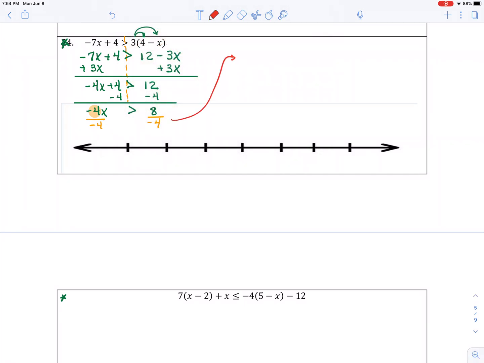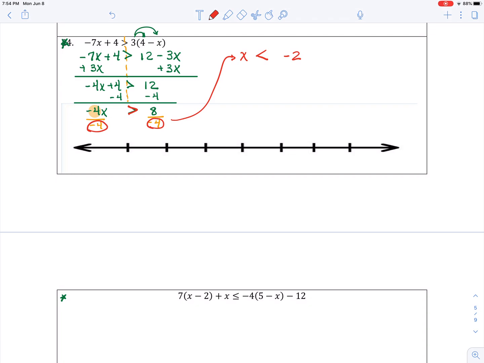So this gives me the positive x that I was looking for. On the left side, it gives me a negative 2 on the right side. And remember, this is where the inequality has to reverse. So what was greater than now becomes less than. And the reason is because I divided through the inequality with a negative number.